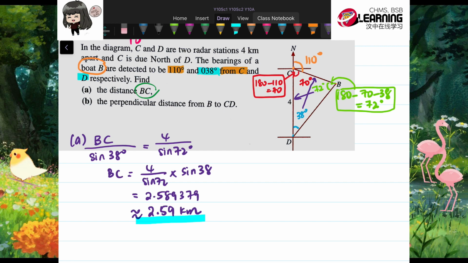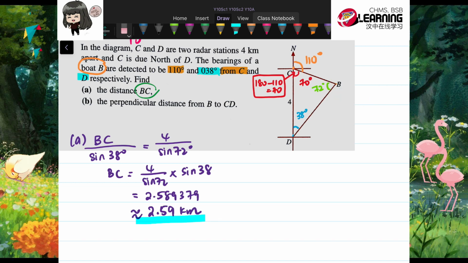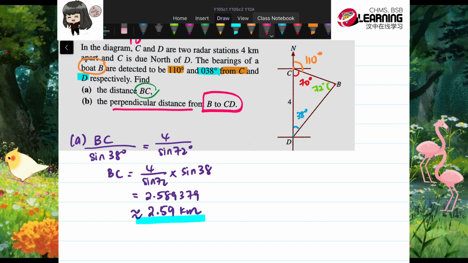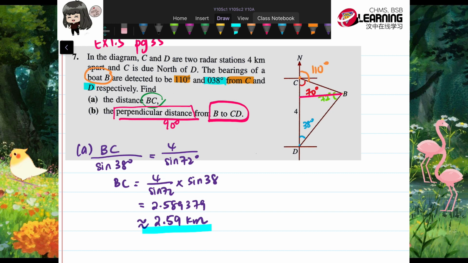Now let's look at part B. I'm going to erase all these. I hope you already wrote down all your working. The perpendicular distance from B to CD. B is over here. You need to draw a perpendicular distance. Always remember that a perpendicular distance means 90 degree, so you have to draw a straight line over here going to CD, and it will form a 90 degree.